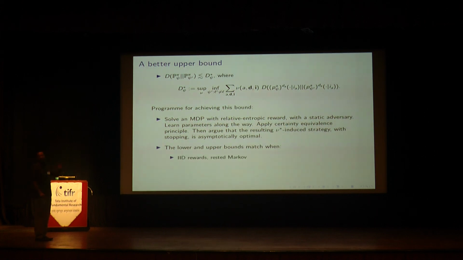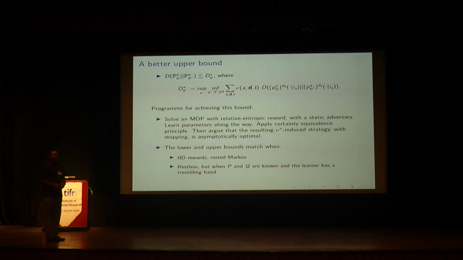And I'll just say that we have been able to match the upper and the lower bounds. The lower bound, upper bound on the D comes from here, but then you'll be able to make policies that meet it in the case when things are IID, when things are rested Markov. And additionally, in the restless case, there are situations when you want to pull a particular arm, but your hand is trembling, and with some probability you pick something at random.